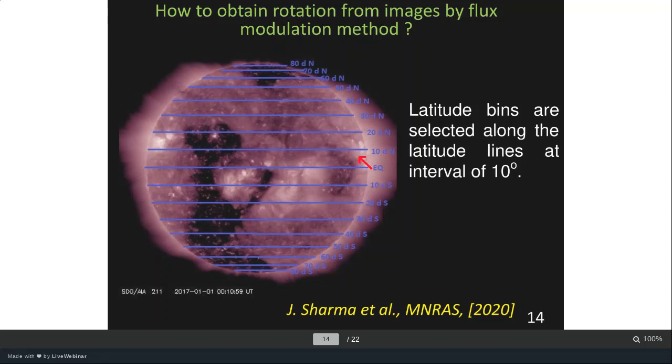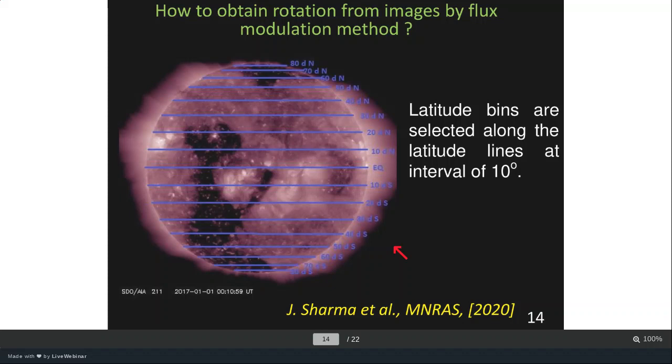This is the 10 degree north strip. This is the 20 degree north strip, 30 degree north strip, up to 80 degree north. And in the opposite direction, this is the 10 degree south strip. This is the 20 degree south strip, 30 degree south strip, and so on up to 80 degree south. In this slide, there are a total of 17 strips.